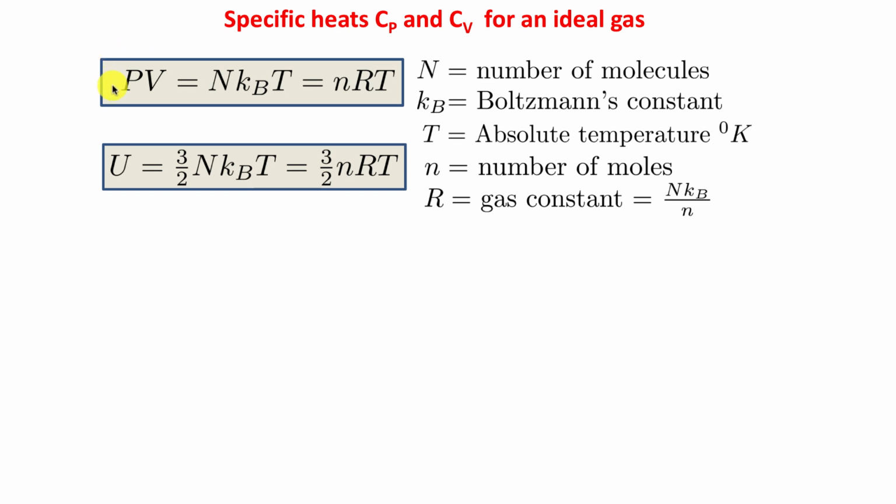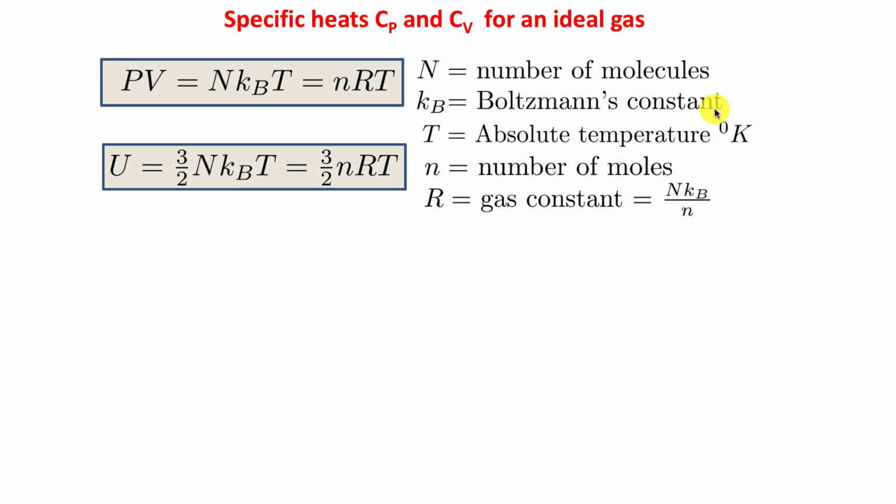Let's look at the gas law. PV can be written as either NkB T, or you can write it as nRT. They're the same. nR is the same as NkB, and N is the total number of molecules, kB is the Boltzmann constant, T is the absolute temperature.